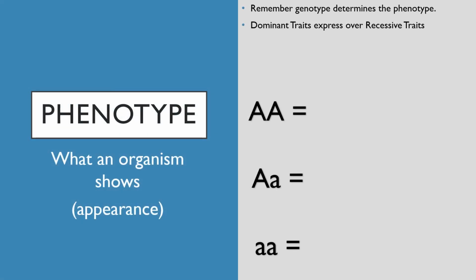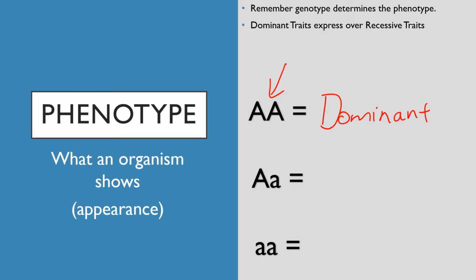So remember that genotype determines the phenotype. Dominant traits express over recessive traits every time. And so phenotype is the outward appearance of an organism. So for example, if my genotype was two dominant traits, my phenotype would be expressed dominant. Okay?